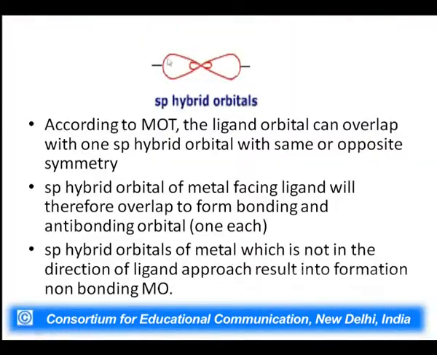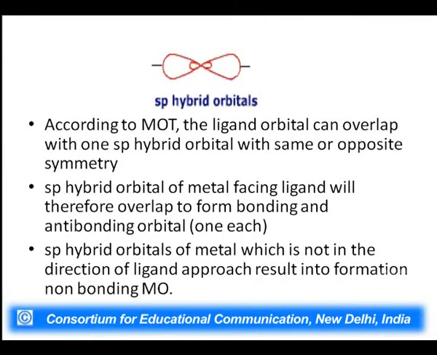Now let us look at what is happening to the second hybrid orbital. Since the ligand is approaching from one particular direction, this particular hybrid orbital seems to be least affected, and since it is not taking part in bonding, it results in a non-bonding MO. In short, as we have understood in molecular orbital theory, the number of AOs or hybrid orbitals that combine will produce an equal number of MOs.